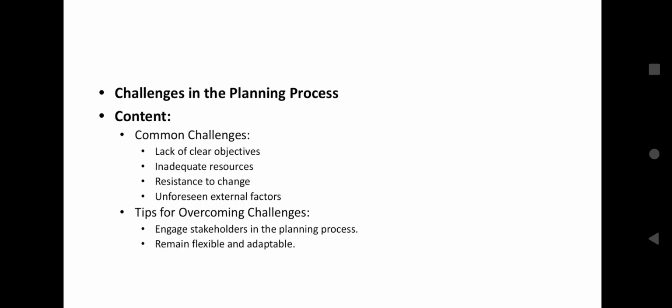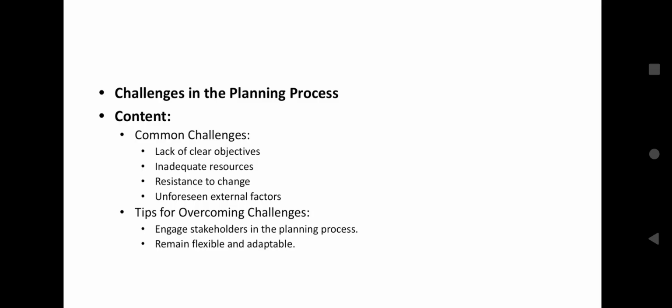Challenges in the planning process. The common challenges are a lack of clarity, that is, a lack of clear objectives, inadequate resources, resistance to change, and unforeseen external factors.